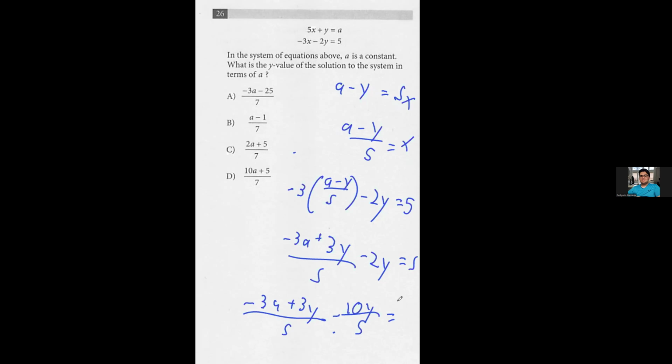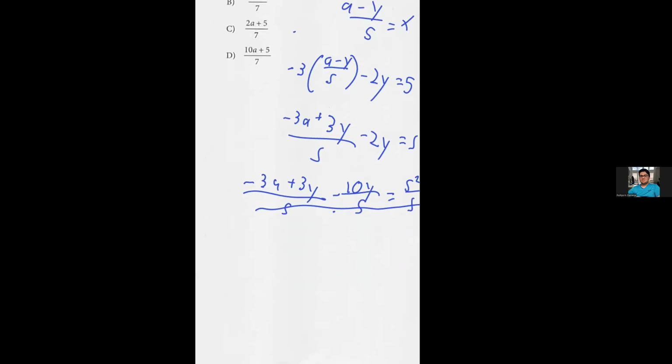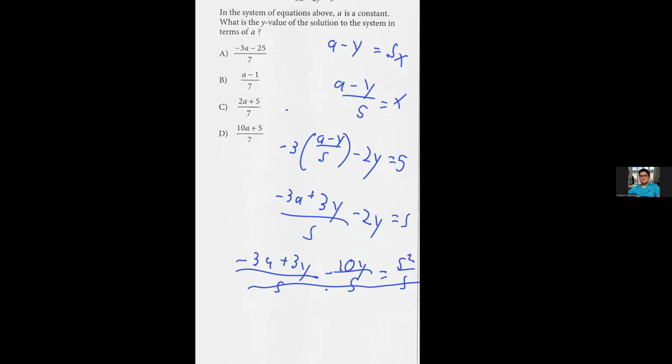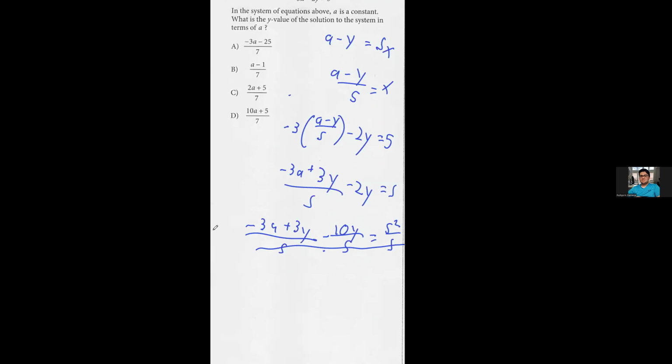The right side would also have to be over 5, so this is 5 squared over 5. Since all of this is over 5, we can multiply the entire equation by 5 to get rid of that. So now we have negative 3a plus 3y minus 10y equals 5 squared, which is 25.